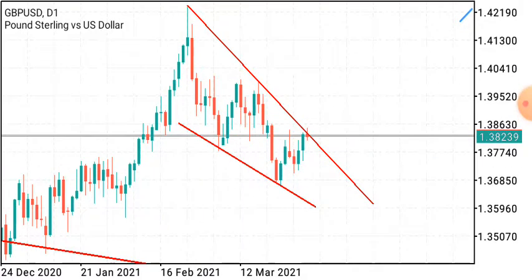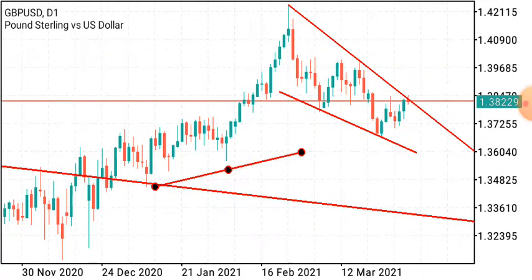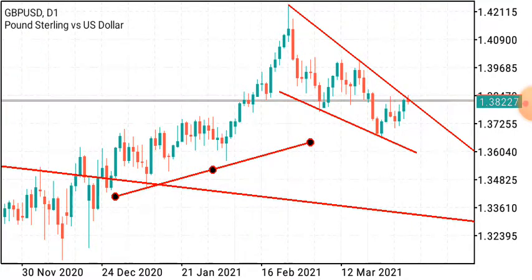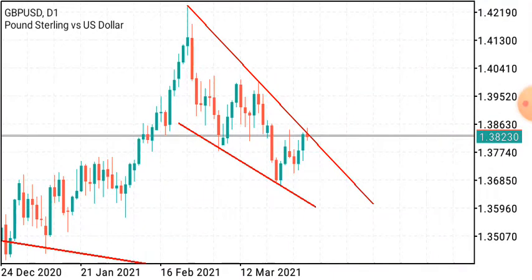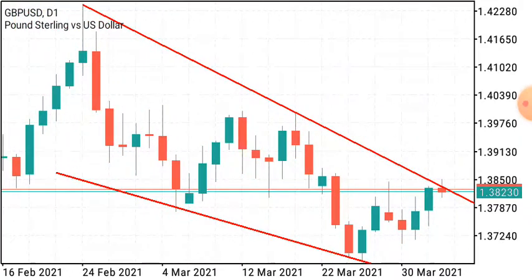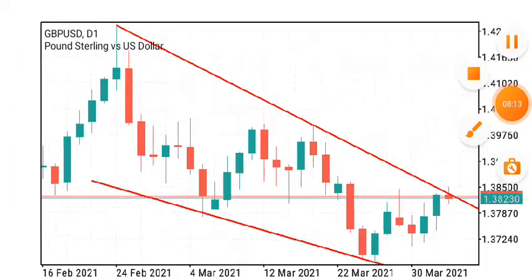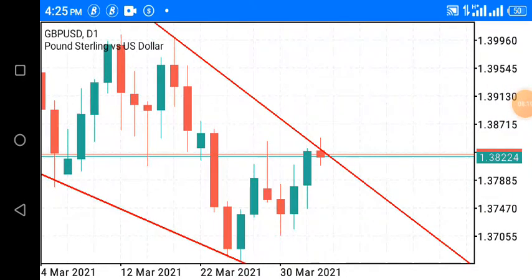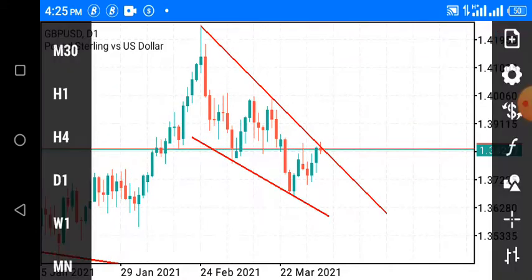Now some time ago, if you were here, I think you would have taken this trade. Somebody would have taken that trade after it broke through there.